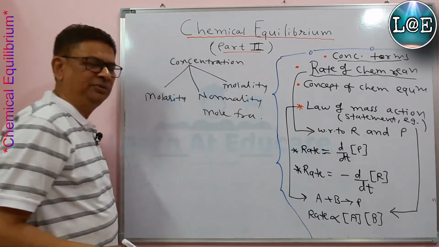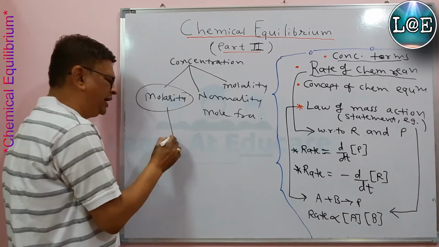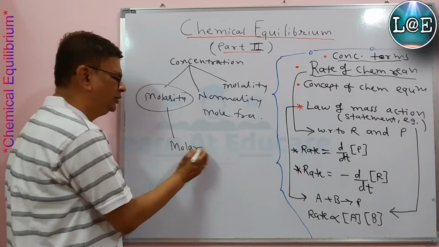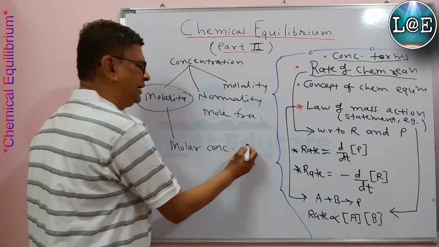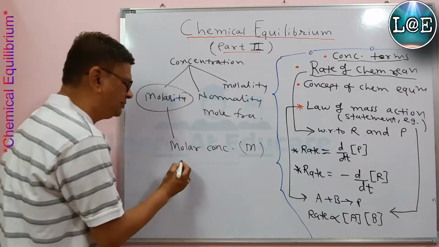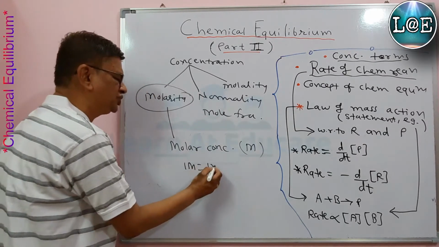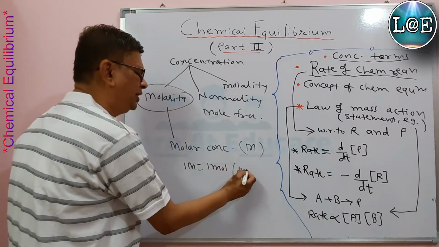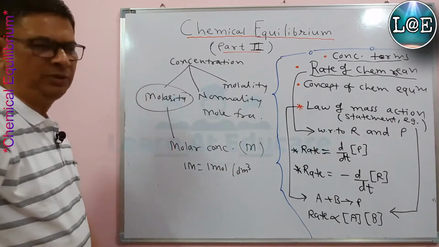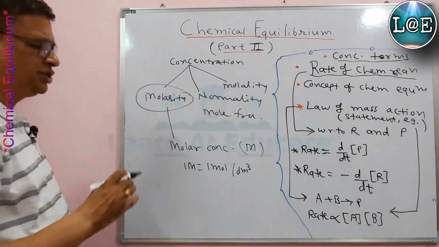These are the various terms. Here the main term is molarity, also called molar concentration, denoted by M. For example, a 1 molar solution means it contains 1 mole per liter of that substance, that is 1 mole per dm cube. So this is the concentration term.